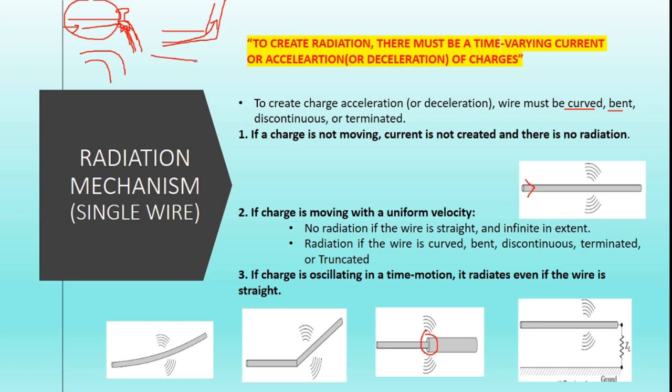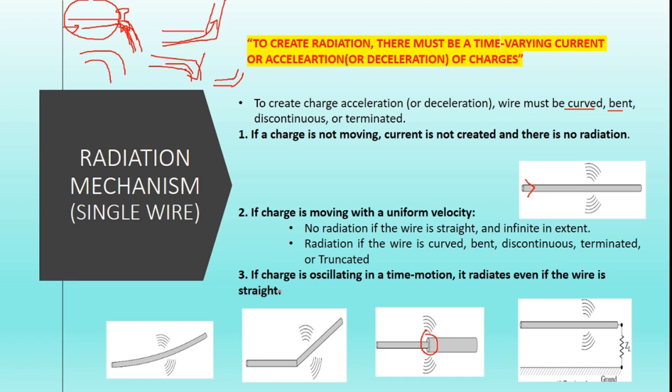As long as this is straight, the charges will keep on moving with the same uniform velocity. If I introduce a bend downward or upward, due to the change in shape, the charges will try to rush through this particular bend, and because of this, radiation is created. This is your second case for which radiation might be created.